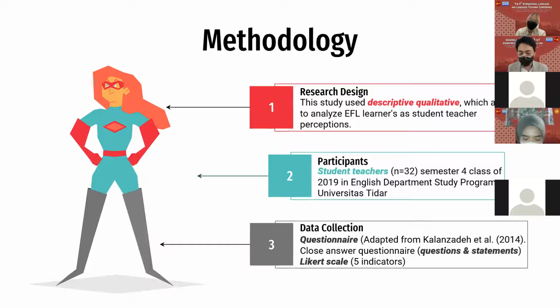The Likert scale is used as a measurement scale with 5 indicators: strongly agree, agree, neutral, disagree, and strongly disagree. For the total participants, there are 32 students, semester 4 class of 2019 in the English department study program, Universitas Tidar.